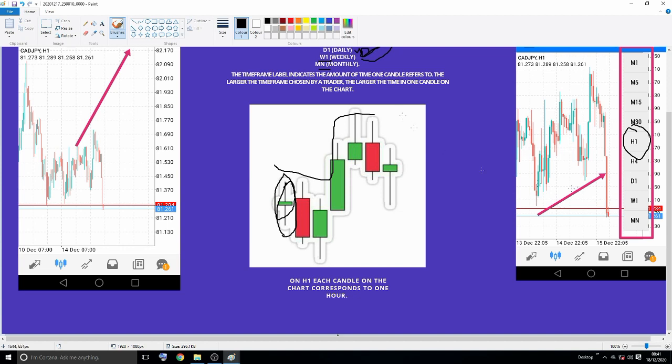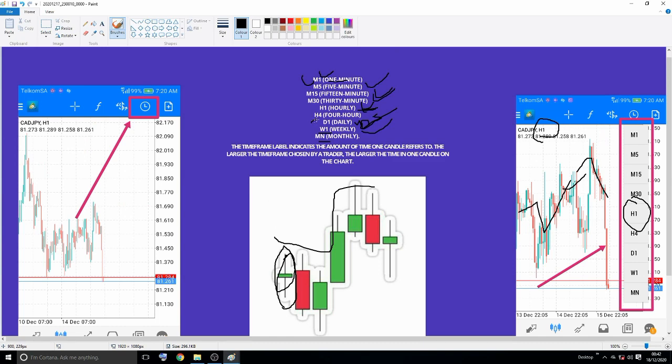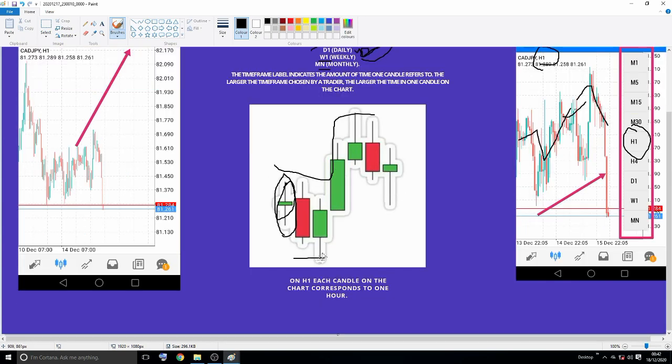As you can see here on the chart, as we are on the 1 hour chart, each and every candlestick represents 1 hour. Same applies when you move to a daily. Each and every candlestick represents a day. It represents the whole day, right?